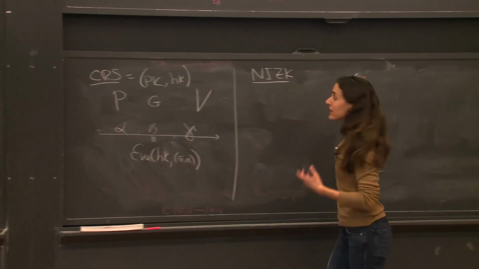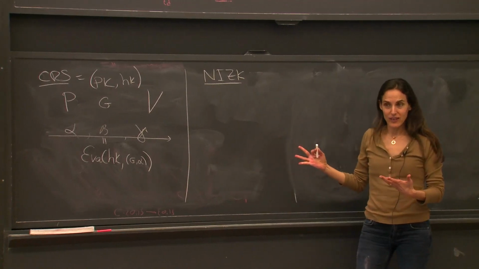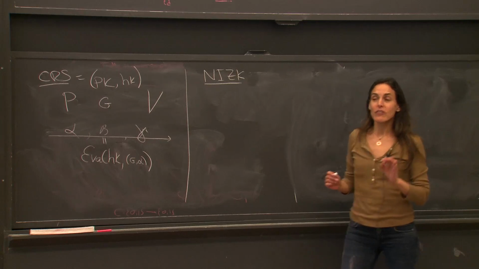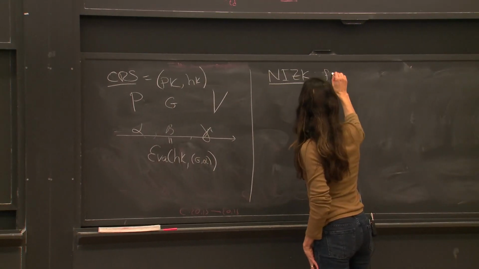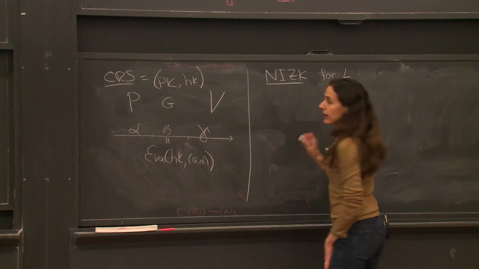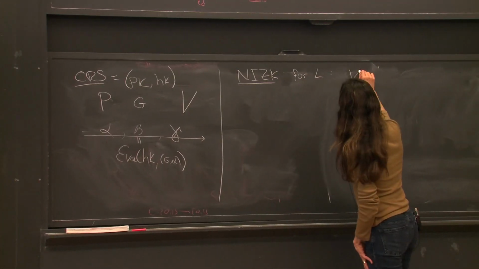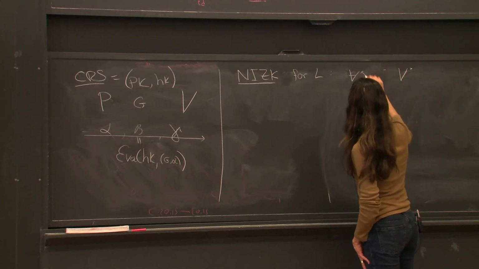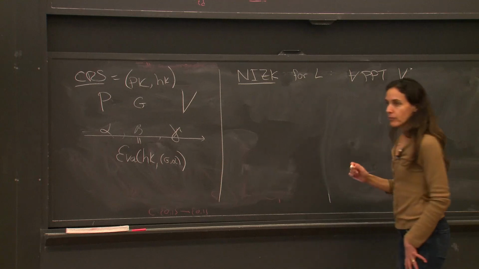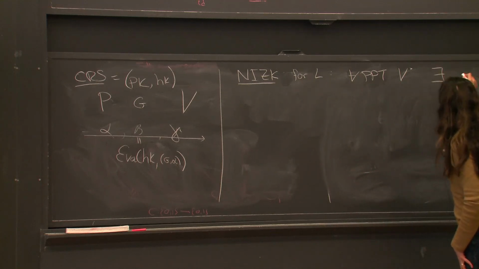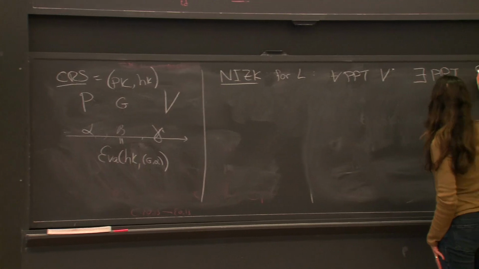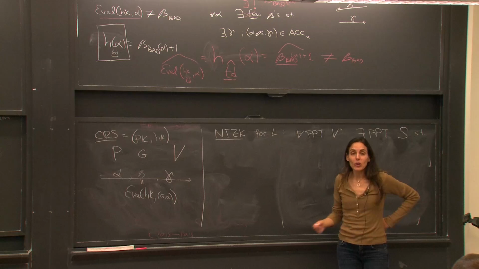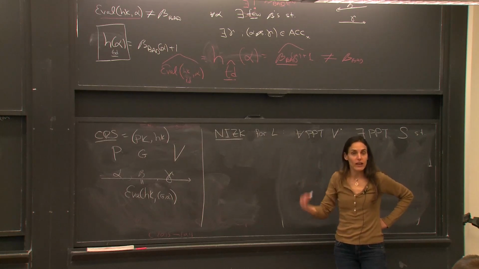But to prove that, let me first define what non-interactive zero knowledge is. Because the definition is similar to the interactive setting, but slightly different. So the definition is the following. A NIZK for a language L says that for any PPT V star, there exists a PPT simulator, a probabilistic polynomial time simulator, such that the simulator can simulate everything that the verifier learns in the real world.